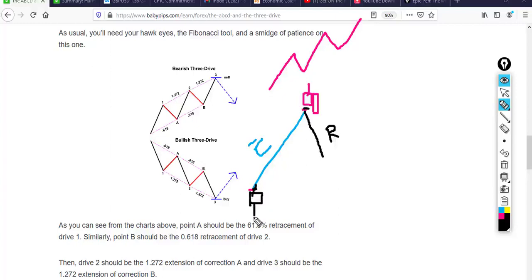Draw it from this wick here all the way to the top of this wick, and it will give you this retracement which you want. Do you understand that? It's as simple as that. Draw it from this wick at the bottom side to the top of this wick. It will give you this retracement here.